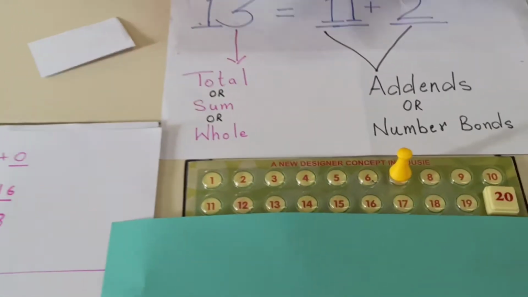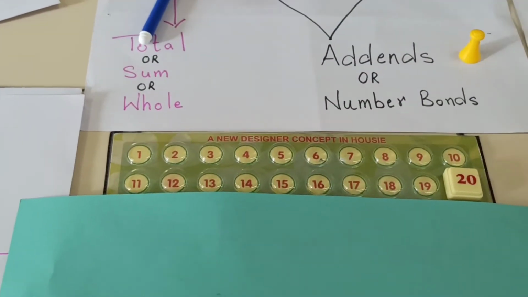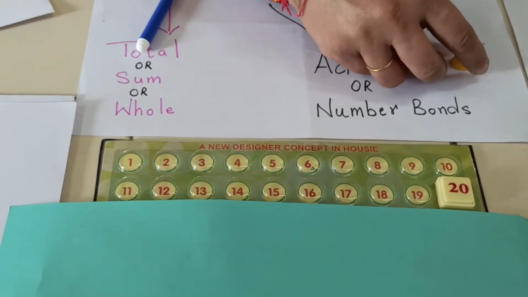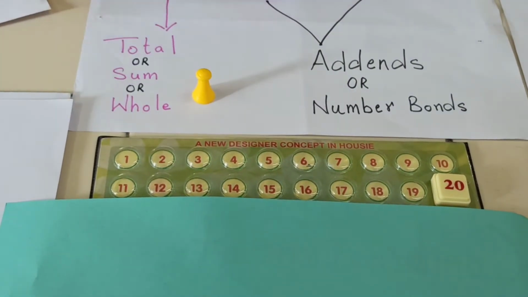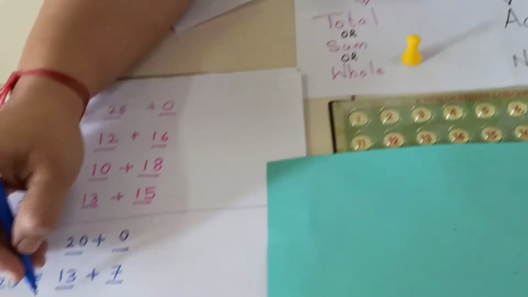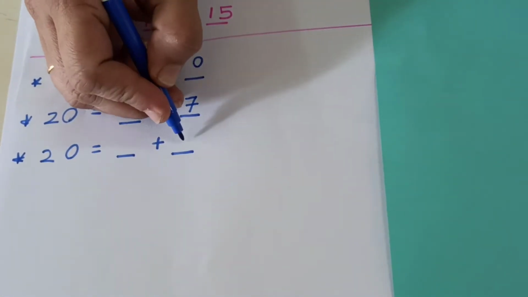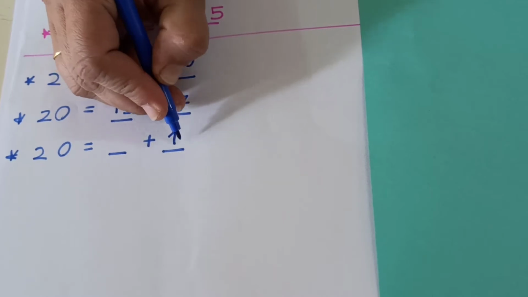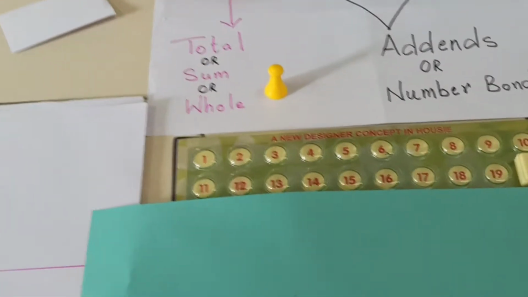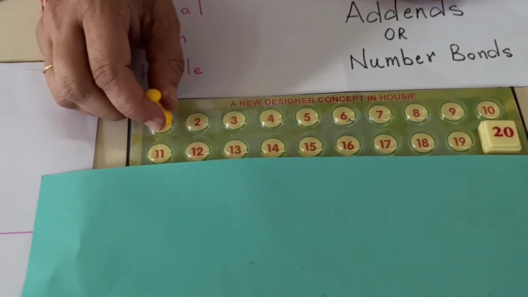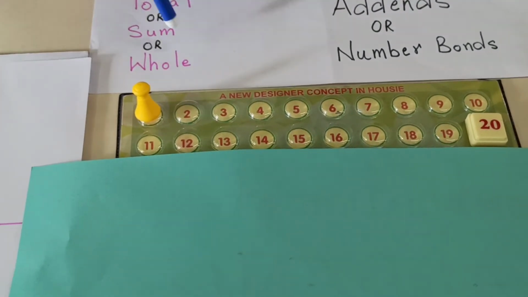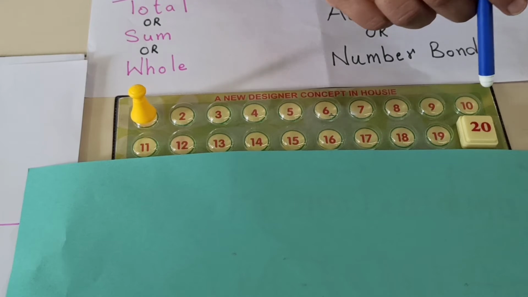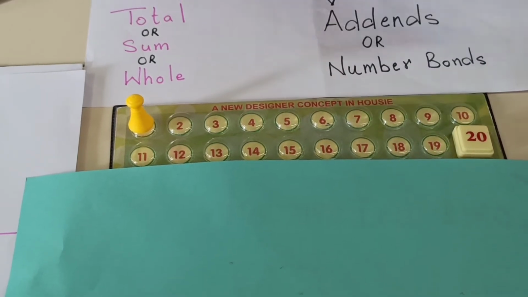Okay, now tell me, where should I keep this number? 1. Yes. Okay, 1. That means one of my addends is 1. So this time also I'm going to write it on the back side. This is my 1 addend. Okay, I'll keep it here on 1. Now, do I need to go this way and count the number of steps I have to move to reach 20?